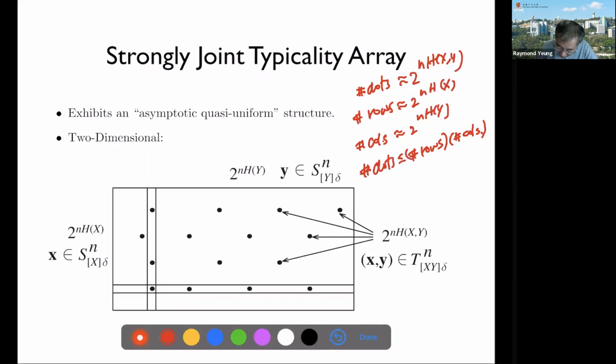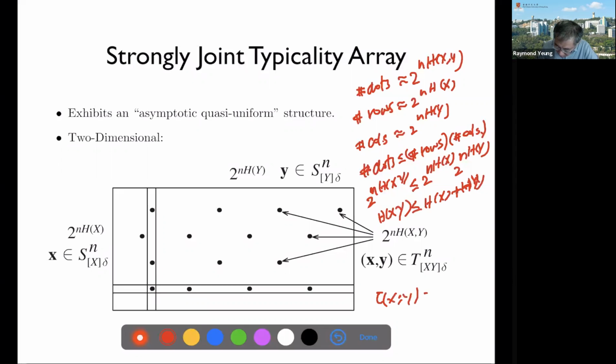Obvious. And so it means that 2 to the power n times entropy of xy is less than or equal to 2 to the power n times entropy of x times 2 to the power n times entropy of y. Okay, and if you take the logarithm and divide everything by n, you get this, which is the independence bound of entropy, or equivalently, I(x;y) is greater than or equal to 0.